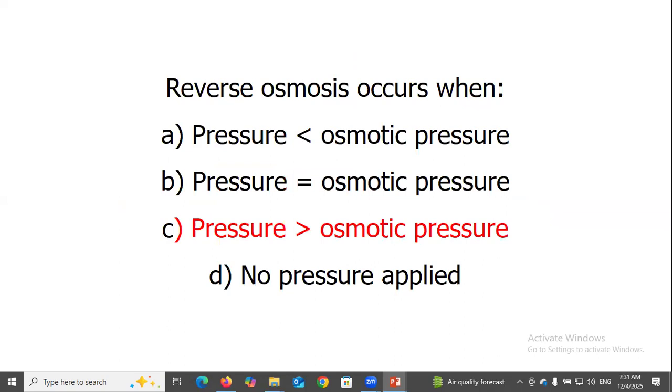Correct option is D, A and B. Reverse osmosis occurs when the applied pressure is greater than the osmotic pressure.